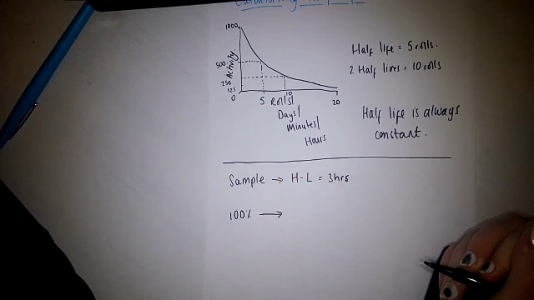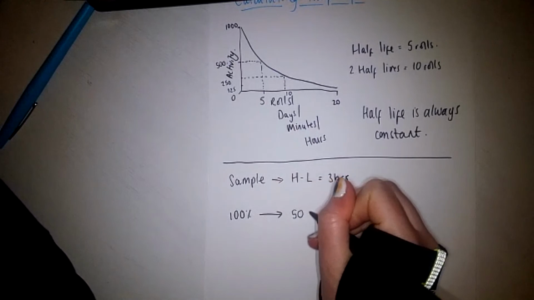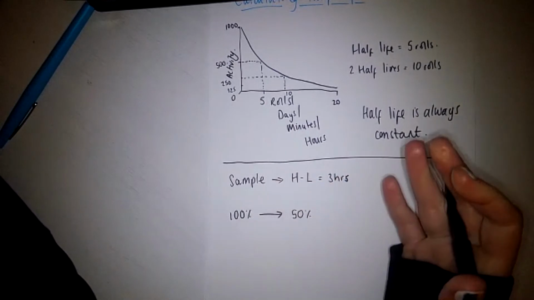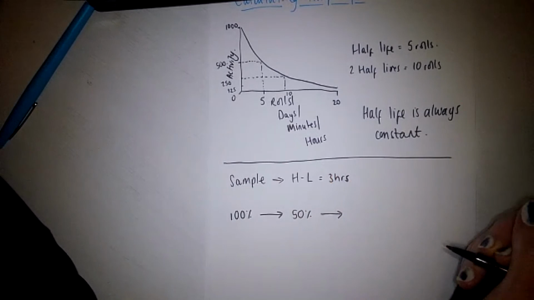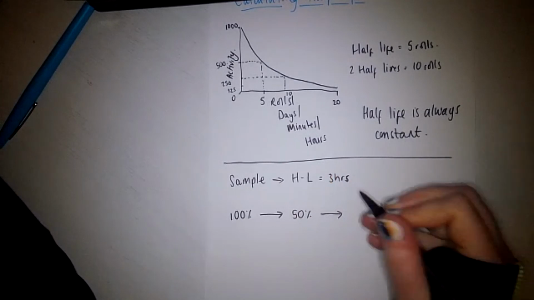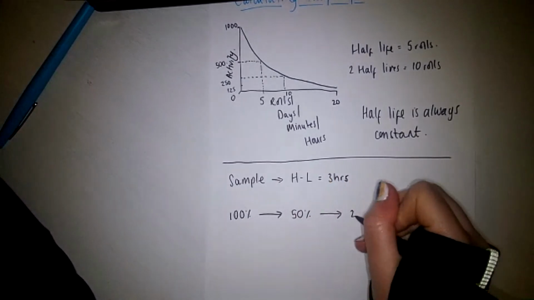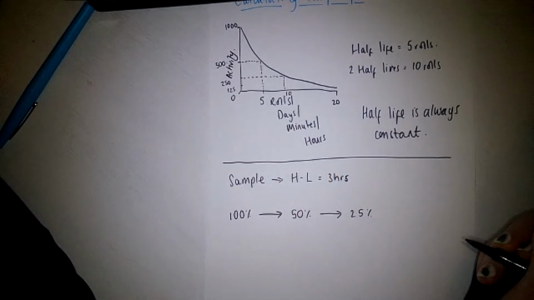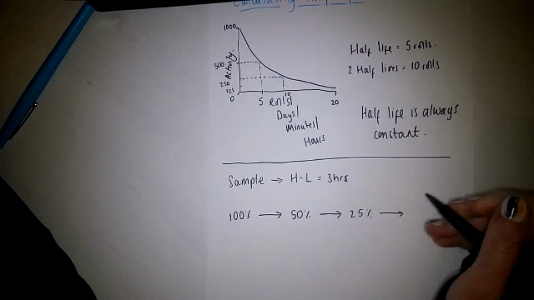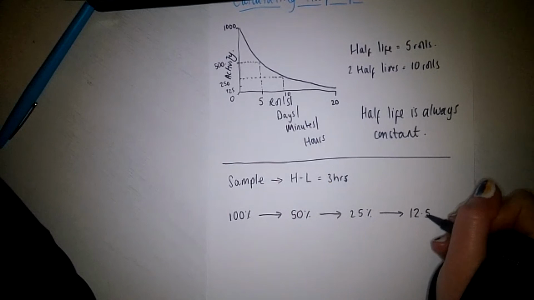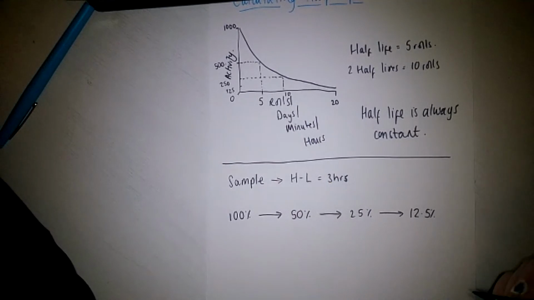After the first half-life, I'll have 50% of my sample because it's going to lose 50% of those nuclei. After another half-life, it's going to lose another 50% again. So 50% of 50% is 25%. And then I'm going to lose half again. And oh, look, I'm at 12.5%.